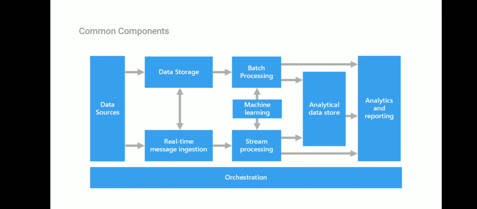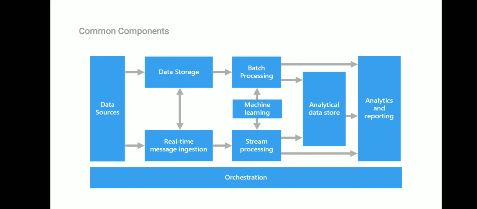Okay. Now, in the Lambda architecture, there were two paths, the speed layer and the batch layer, and they were converging to the analytics layer. In the Kappa architecture, there is just one path of processing, so all data is processed at the speed layer, and then there is a long-term store where we store all the master data.